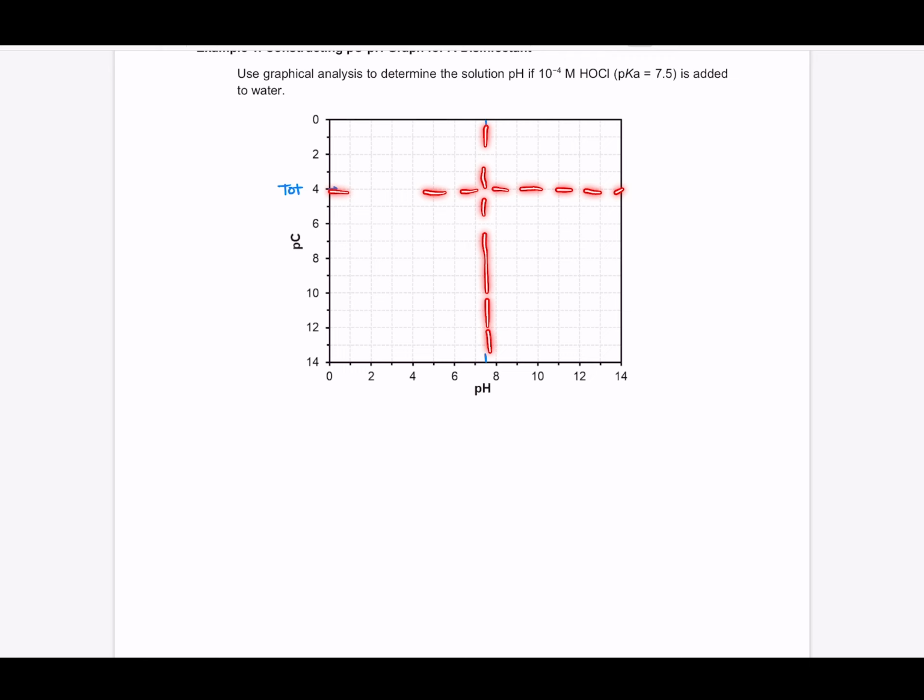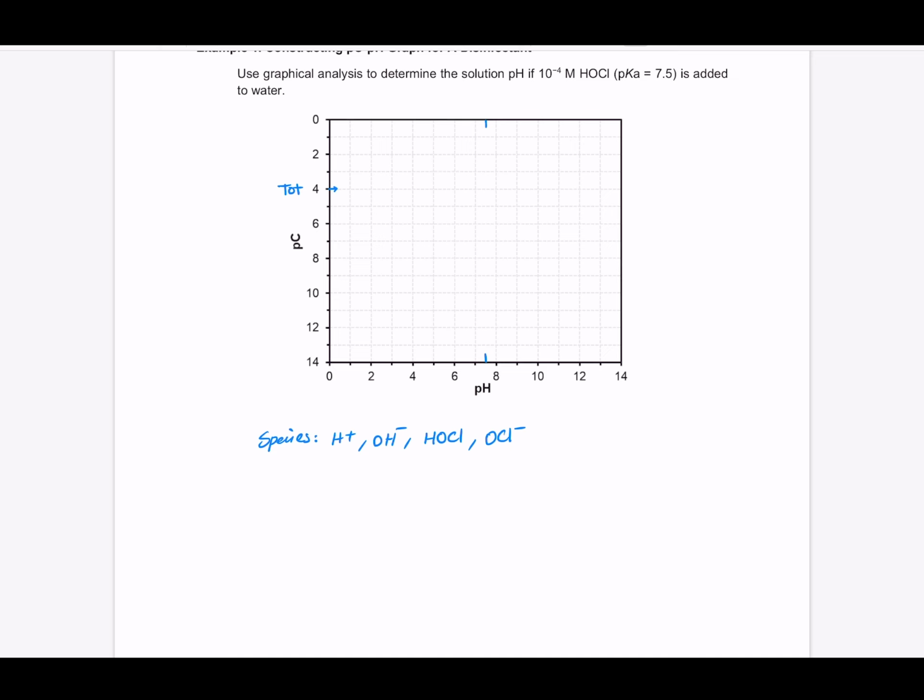So we know at this point, let's first talk about the species that we have. H plus, so we need a line for that. OH minus, HOCl, and OCl minus. So these are our species, and we need to figure out the individual lines.